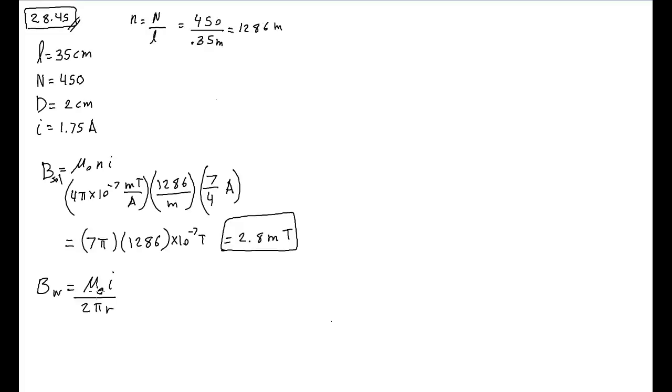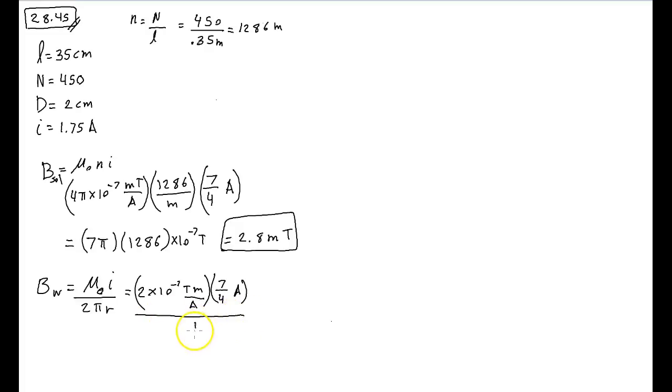So, what do we say? 1 centimeter away? Okay, so mu sub 0 divided by 2 pi will be 2 times 10 to the minus 7 Tesla meters per amp. Then we multiply that by the current of 7 fourths amps, and then we divide that by 1/100 of a meter. Meters cancel, amps cancel, Teslas.